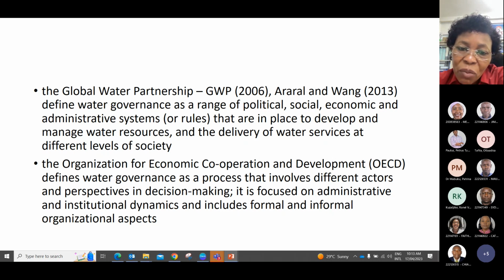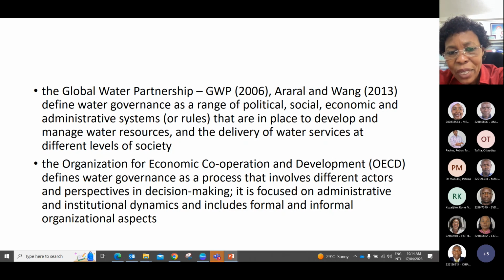So far in these two definitions, you can see similarities or some words which appear in the two. The OECD defines water governance as a process that involves different actors.